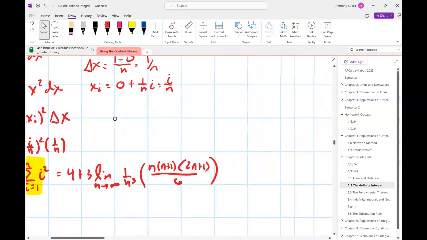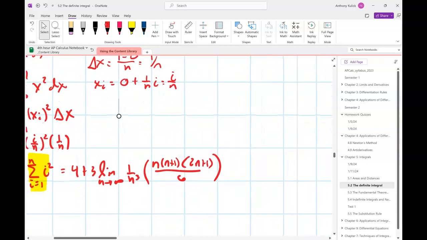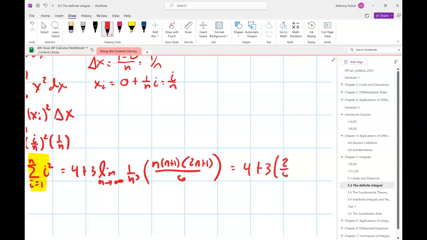I notice that limit is a degree 3 polynomial on top with a leading coefficient of 2 over a degree 3 polynomial with leading coefficient of 6. So the limit is 2 over 6, or 1/3 if you prefer. Three times 1/3 is 1. 4 plus 1 is 5.